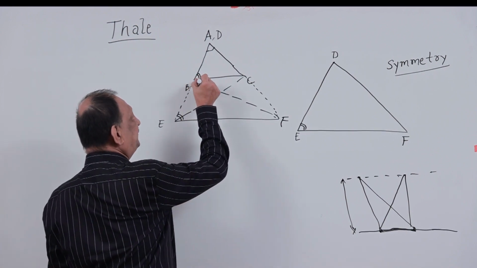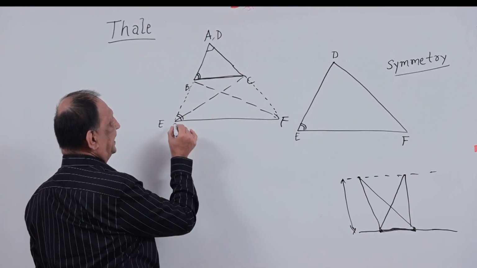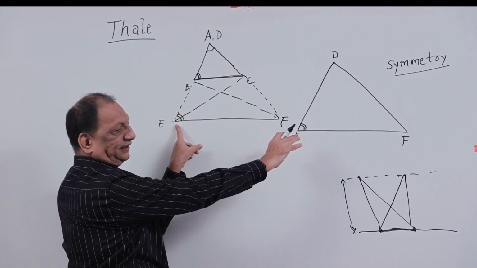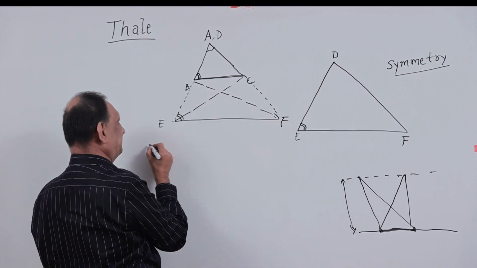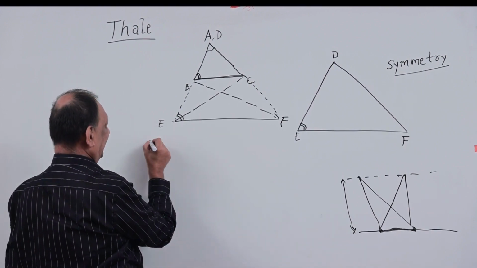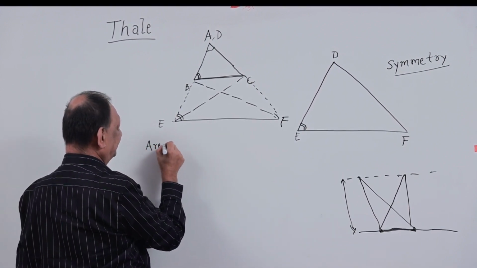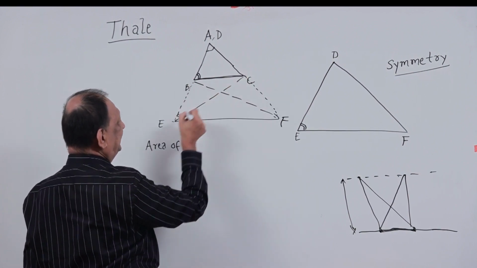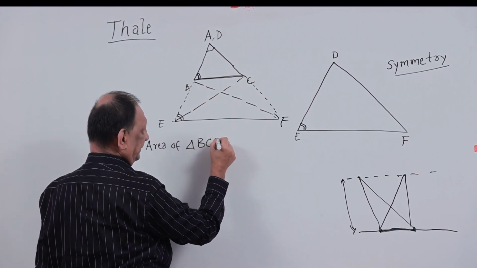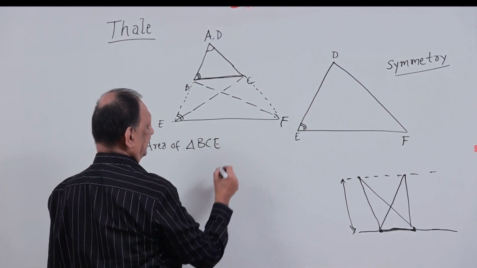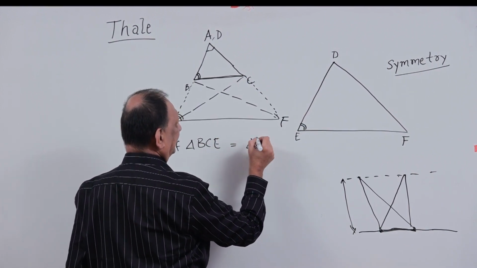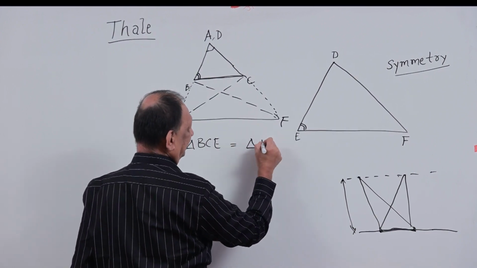Now if you assume BC as the base and E and F are two vertices which are on a parallel line, that means now you can write one statement: area of triangle BCE equals area of triangle BCF, correct?